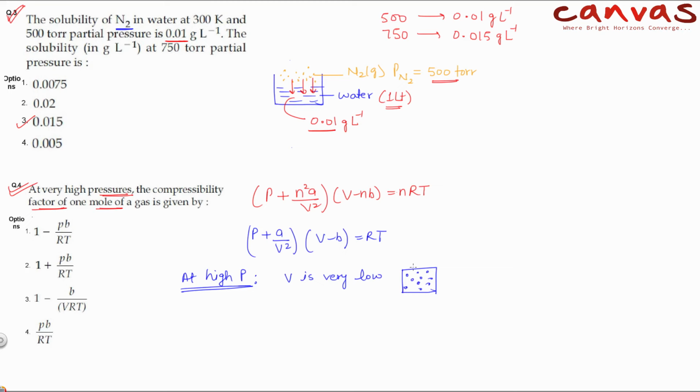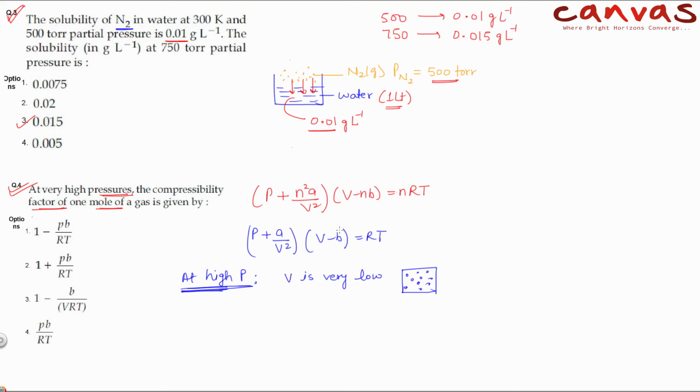Okay, it is as if in a room the space occupied by the air molecules is negligible because the room has a very large volume. But if you increase the pressure and compress that room into the size of a matchbox, then you cannot say that the volume occupied by the air molecules is negligible.